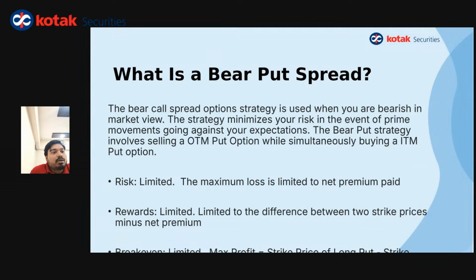Similarly, the reward is also limited, like the first strategy we discussed: limited to the difference between the two strike prices minus the net premium. Maximum profit is the difference between the strike prices.